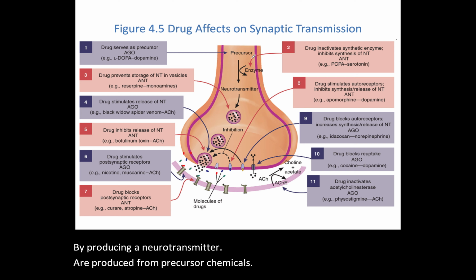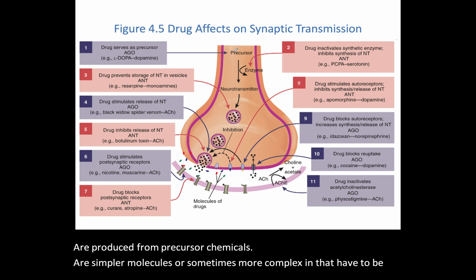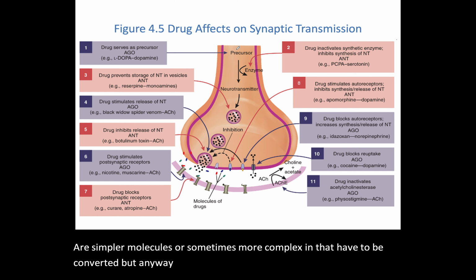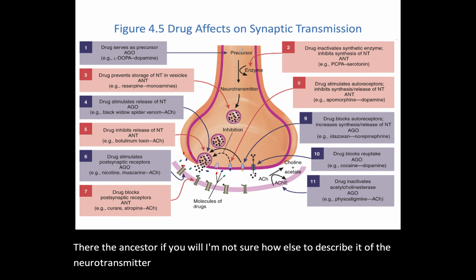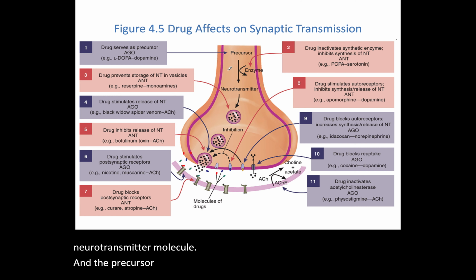Precursors are simpler molecules, or sometimes more complex, that have to be converted. But anyway, they're the predecessor, the ancestor, if you will, of the neurotransmitter molecule. I'm not sure how else to describe it. And the precursor has to be converted into a neurotransmitter by use of an enzyme. Let's call this step A.